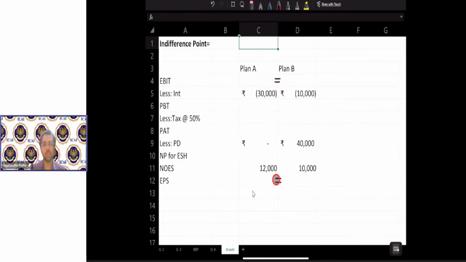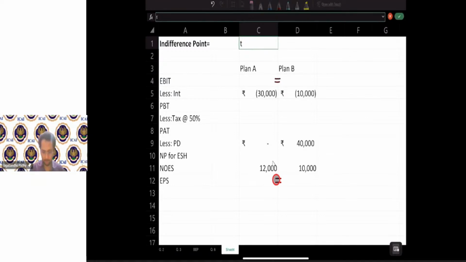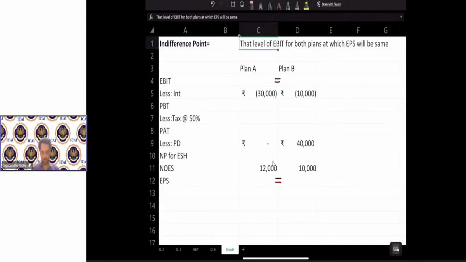So in a sense, the indifference point is that level of EBIT for both plans at which EPS will be the same.